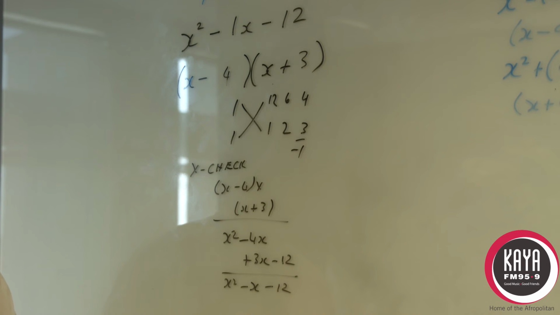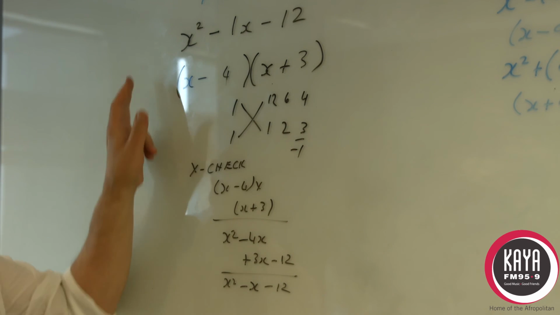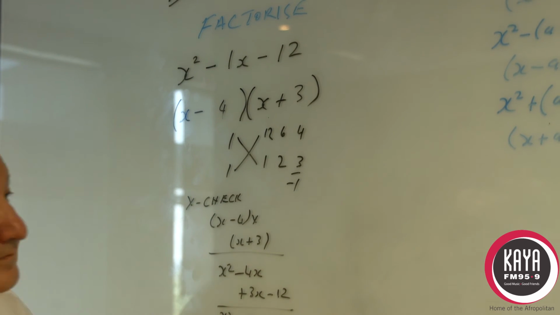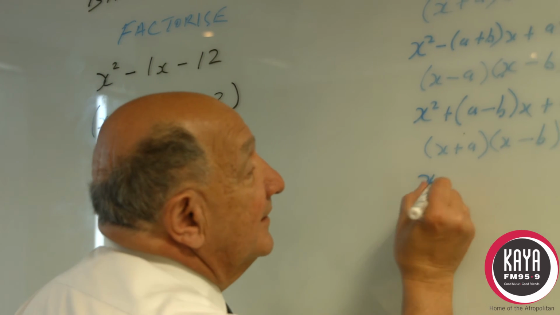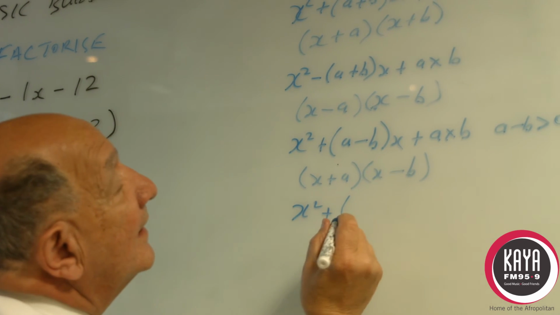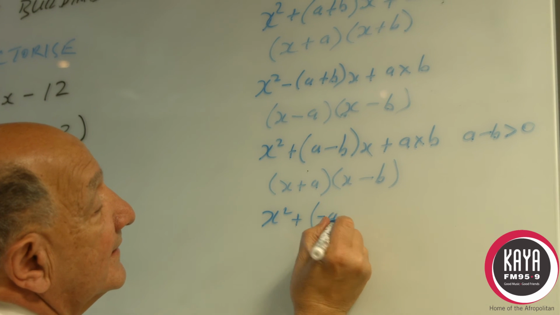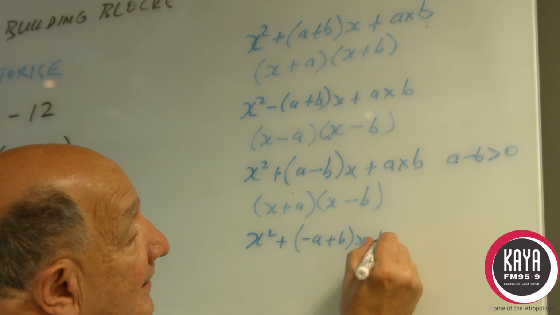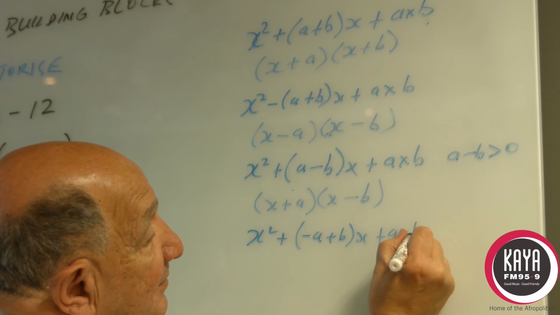I will now show you the generalization of this type of trinomial. So here it's x squared plus (minus a plus b) times x minus a times b.